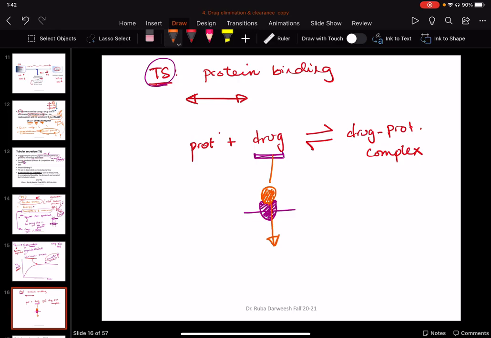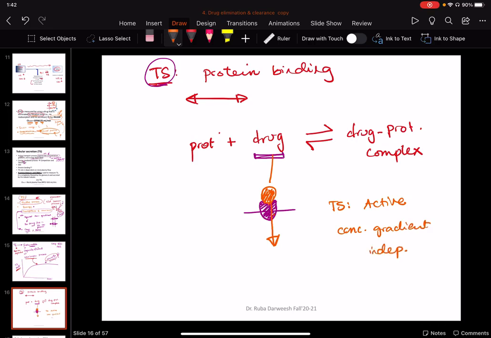But we know that the tubular secretion, as we mentioned, as an active process, is transporter dependent or carrier dependent, and concentration gradient independent, right?